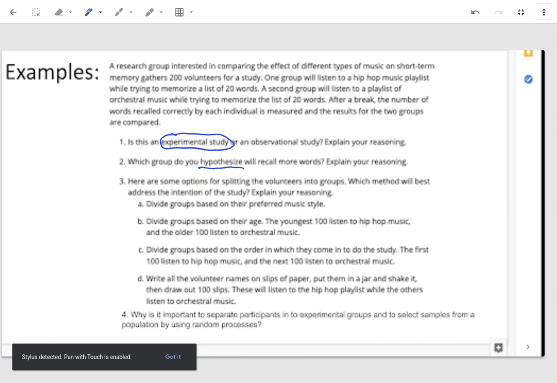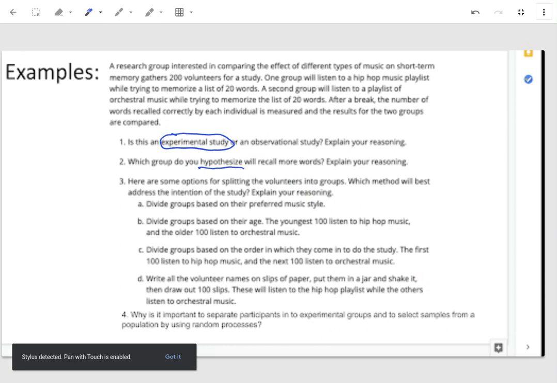C, divide groups based on the order in which they come in to do the study. The first 100 listen to hip-hop music. The next 100 listen to the orchestral music. D, write all the volunteer names on slips of paper, put them in a jar and shake it, then draw 100 slips. These will listen to the hip-hop playlist, while the others will listen to the orchestral music.